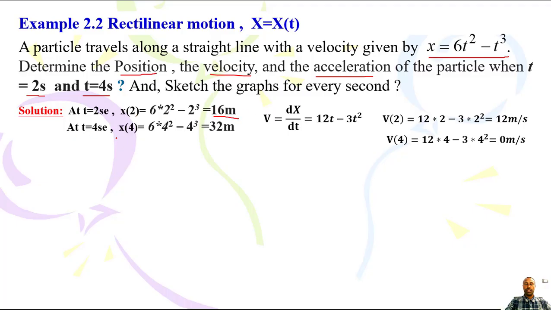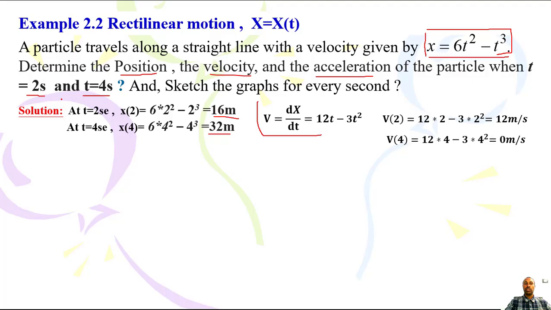And at t equals 4 seconds, it will be x of 4. Just substitute in this distance equation, and finally you have 32 meter. To find the velocity, which is the derivative of distance, dx by dt, it will be 12t minus 3t squared.